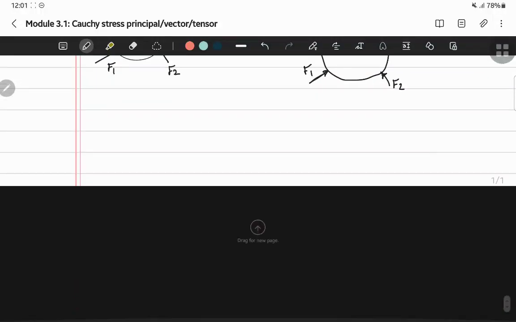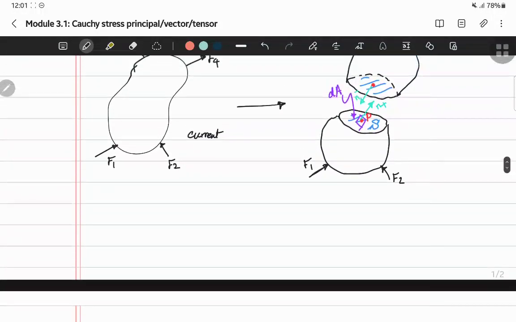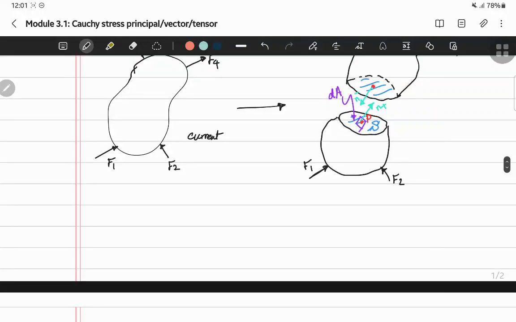So the Cauchy stress principle states that you have both body forces plus surface forces.